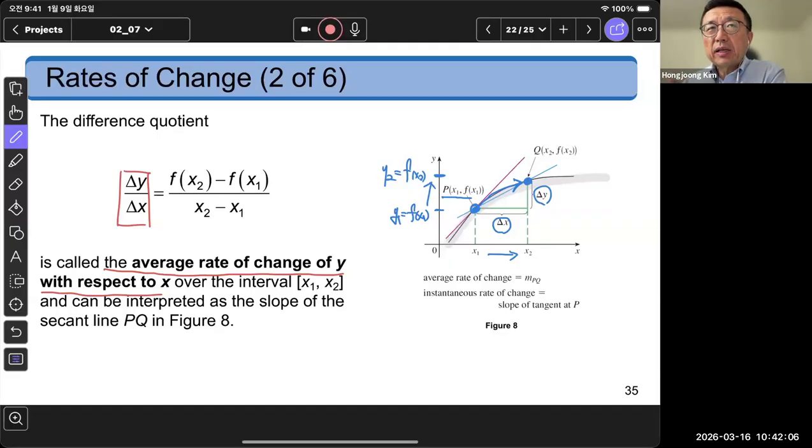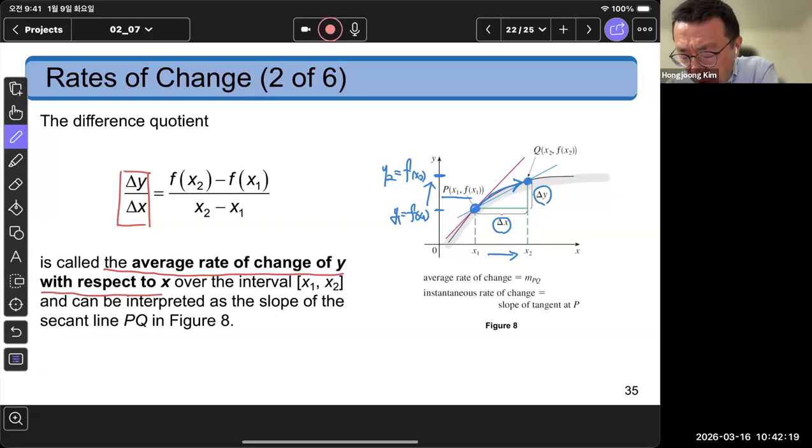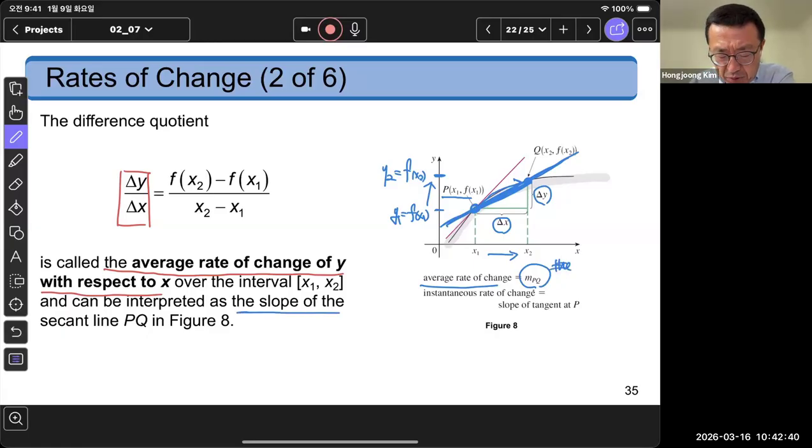So if I divide delta y by delta x in figure 8, that average rate just represents the slope of this secant line passing through these two points P and Q. So the average rate of change represents just the slope of the secant line PQ.